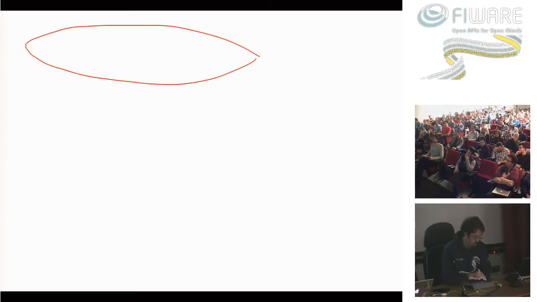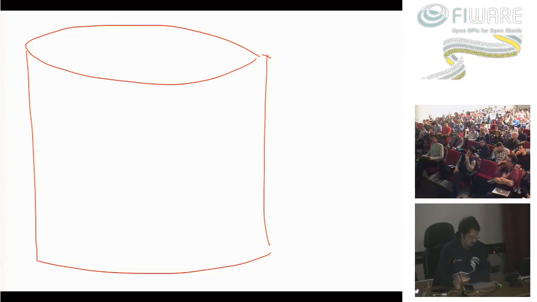We can model this as a big database of context, which starts empty, and after that operation, what we have is one entity, car1, with speed set to 98. This is now the status we have in the ContextBroker.